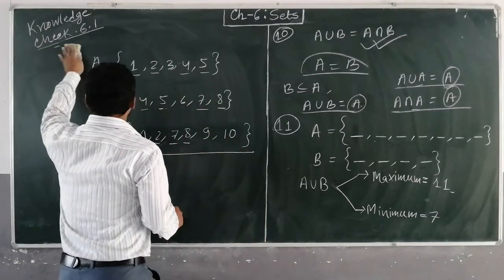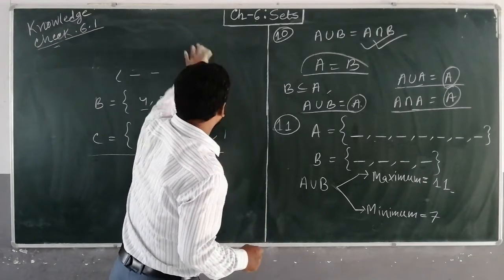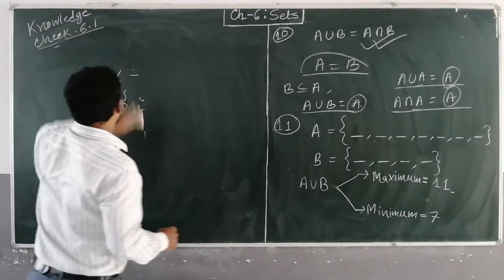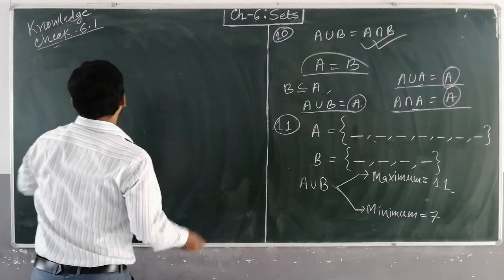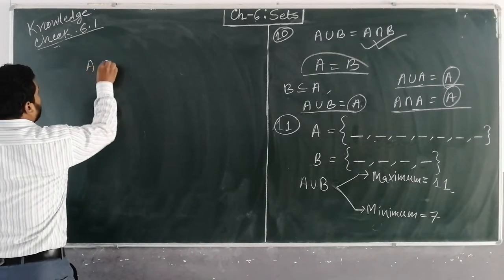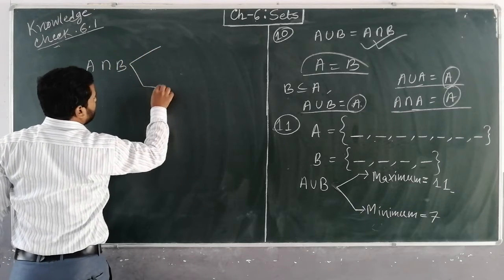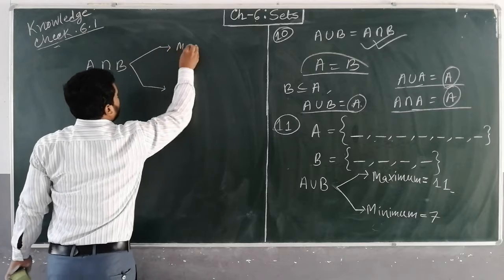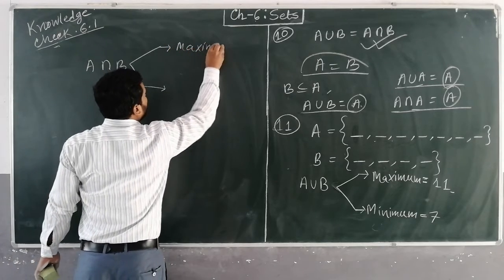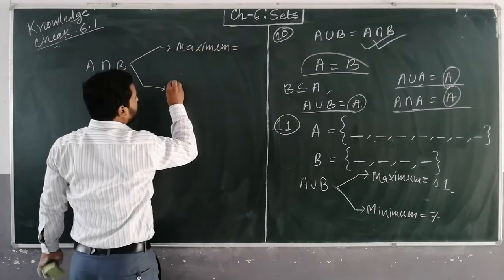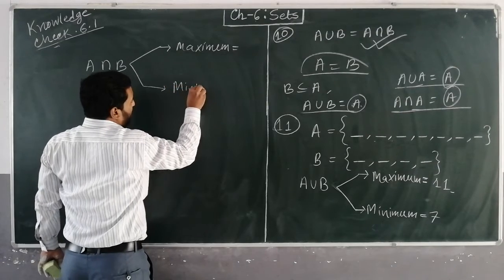Now consider A intersection B, maximum and minimum.